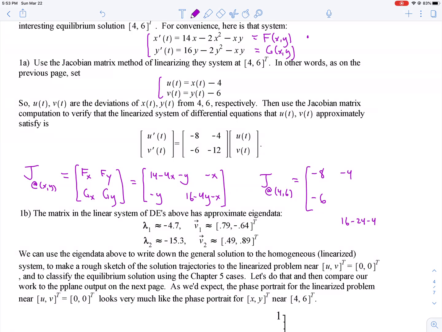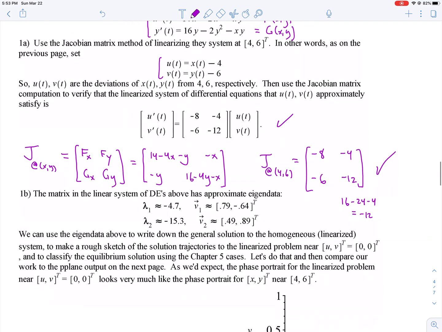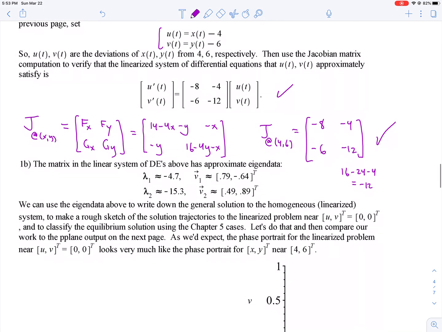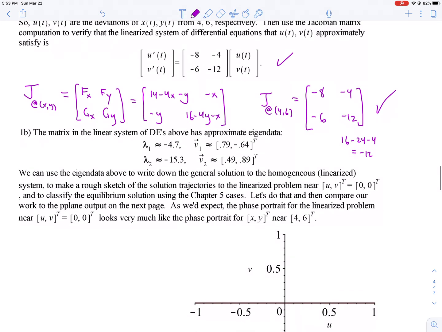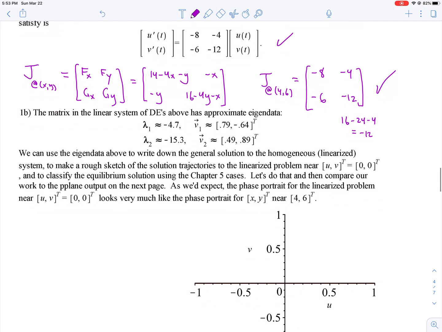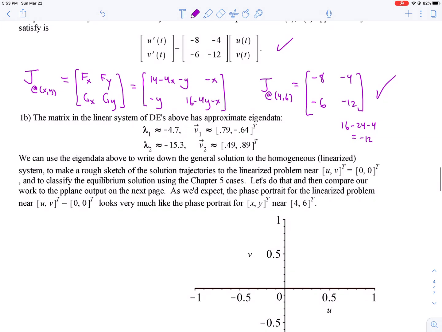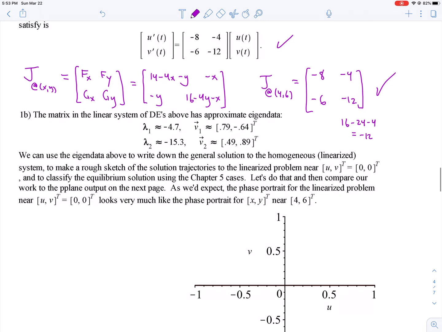That's 16 minus 28 is negative 12. Oh, and that's right. That's what I was supposed to get. And then the solutions to that linear system will give us approximations for the deviations from x star and y star in the original nonlinear system.